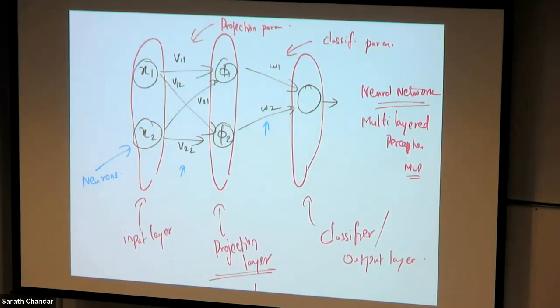So now we are going to make things more precise, in a mathematical way. Let's say we have a prediction problem. It could be regression or classification, it doesn't matter.